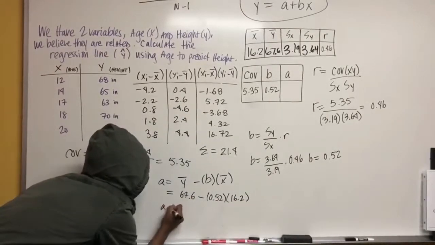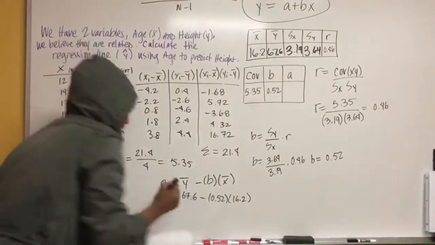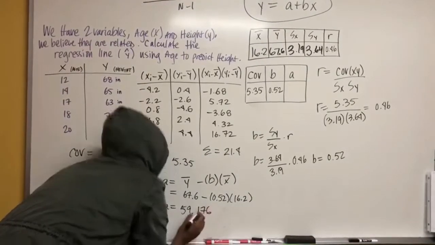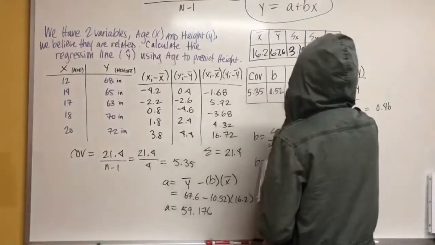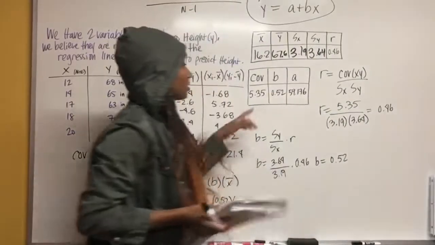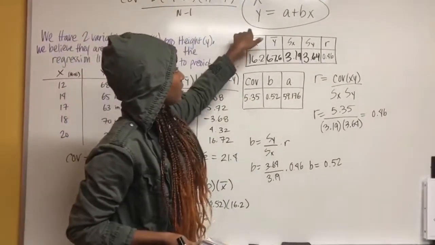Okay, so then A equals, we got 59.176. So I'll fill that in here, 59.176.